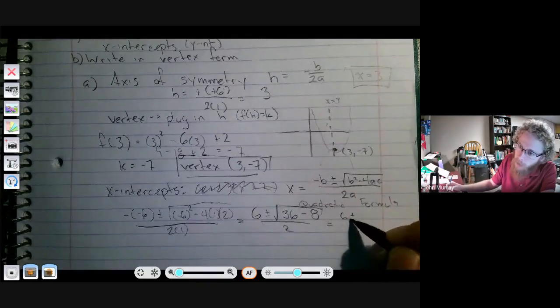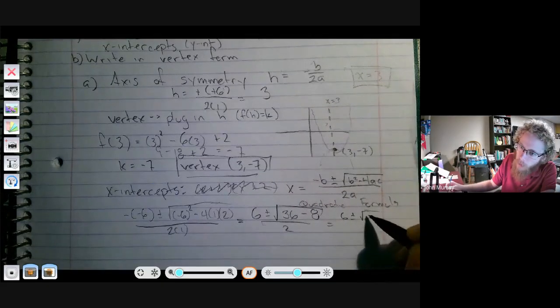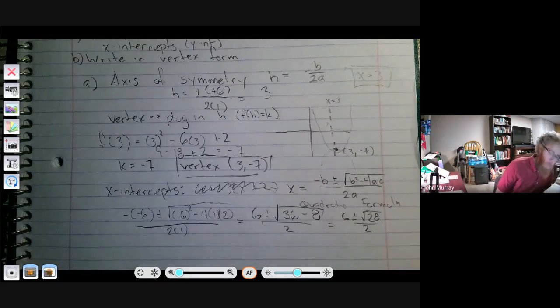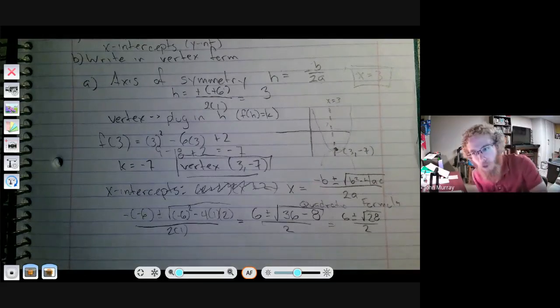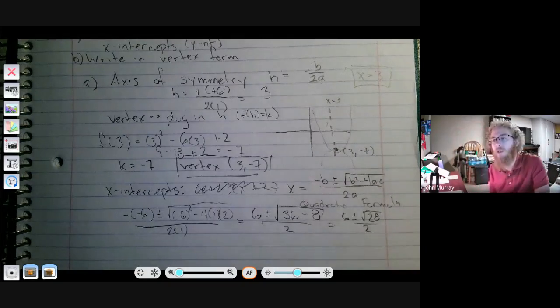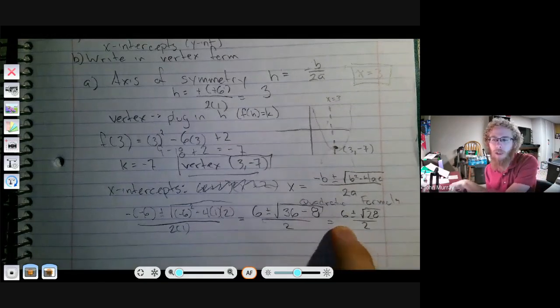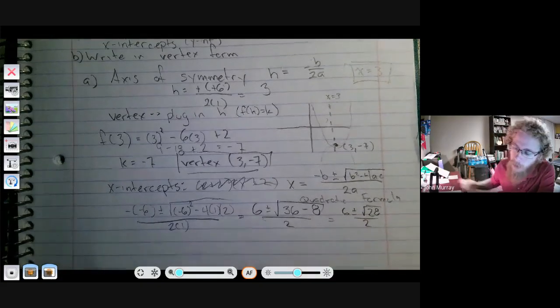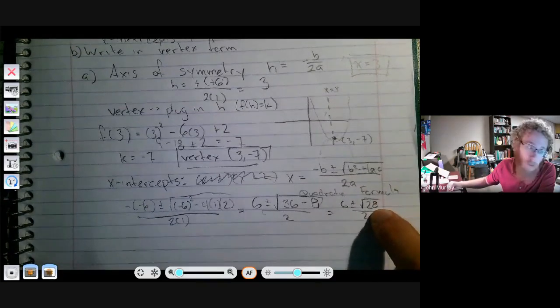So here we're going to have 6 plus or minus the square root of 28 over 2. Now, if you're just looking to sketch this, this is really all you need. You can punch one of them into the calculator. But another thing we can do is we can simplify this.